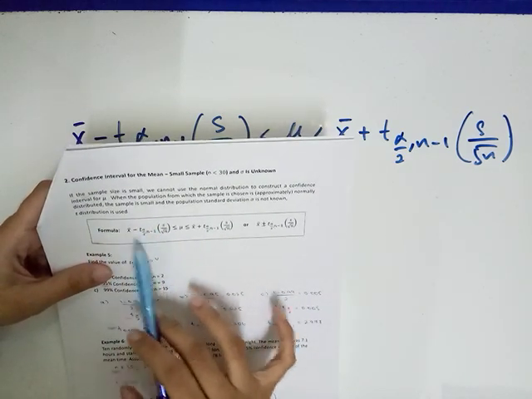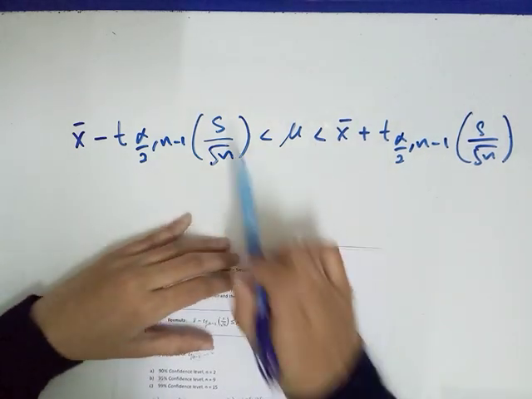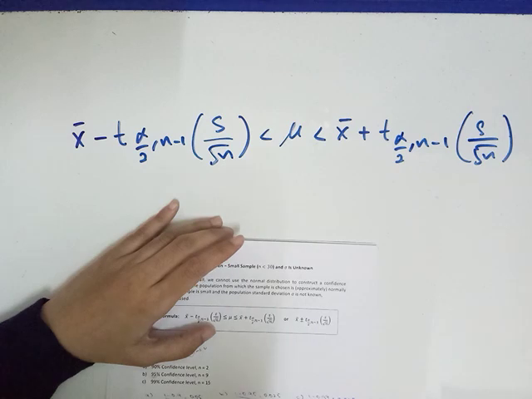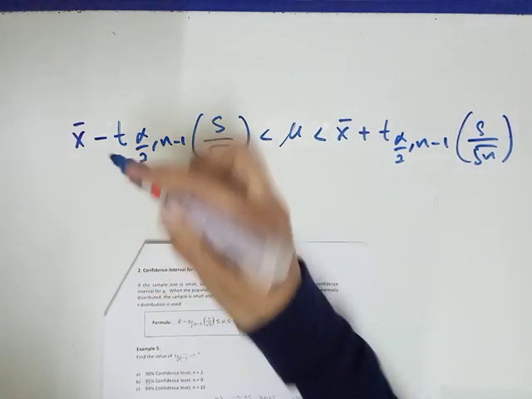Okay, the formula for t distribution. So this is the formula. The formula is the same as before, but now we have to use the t value. We have to find the t value.